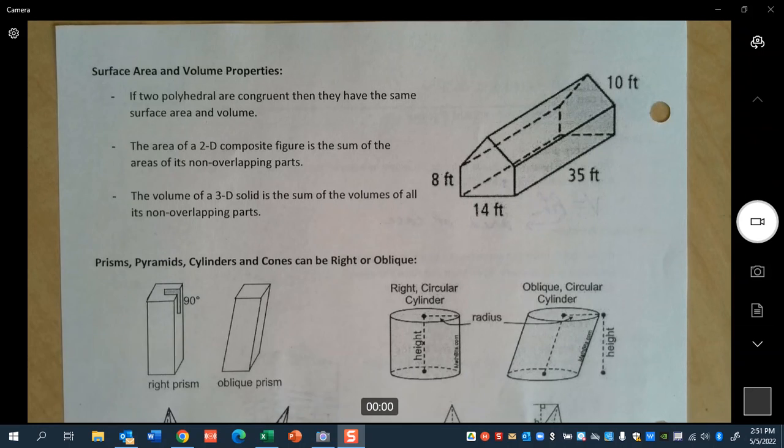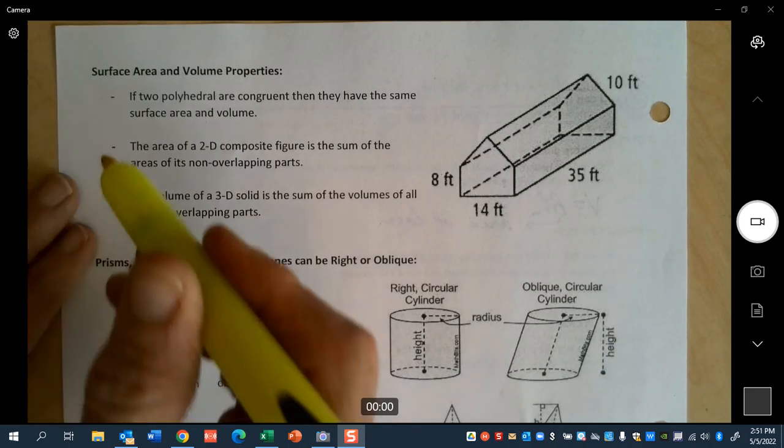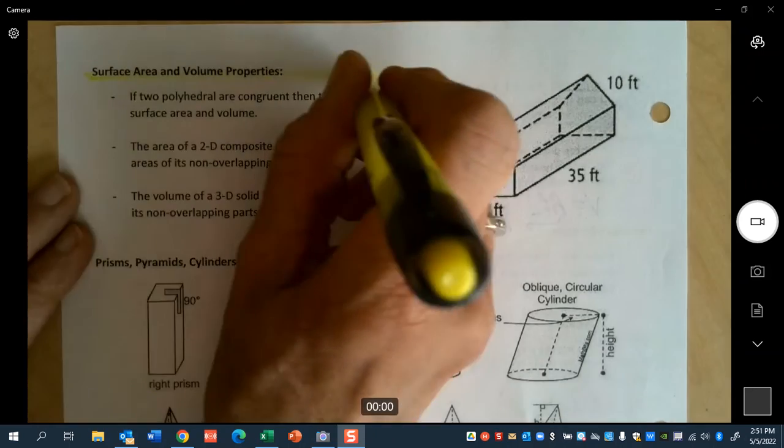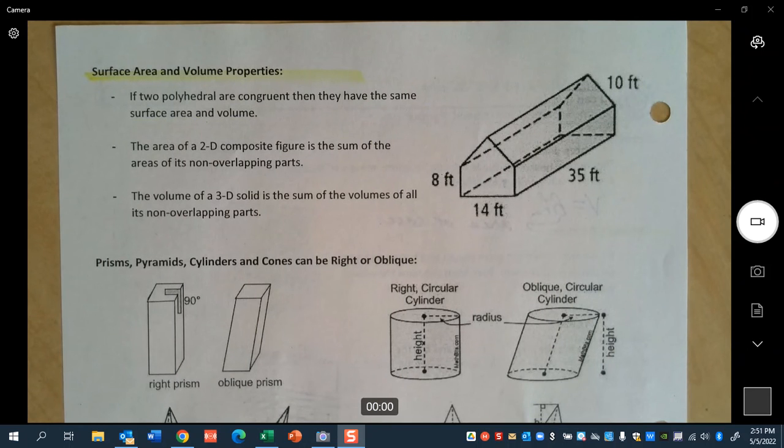Just some conversations that you should take some time to see. Surface area and volume properties. If two polyhedra, that's a fancy word for these three-dimensional shapes, are congruent, then they have the same surface area and volume. The area of a two-dimensional composite figure is the sum of the areas of its non-overlapping parts.